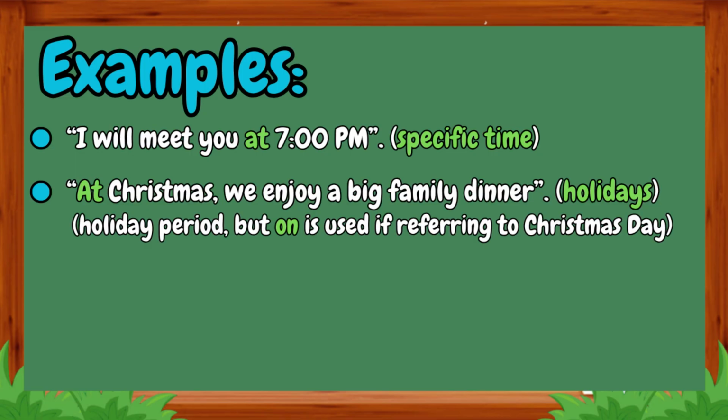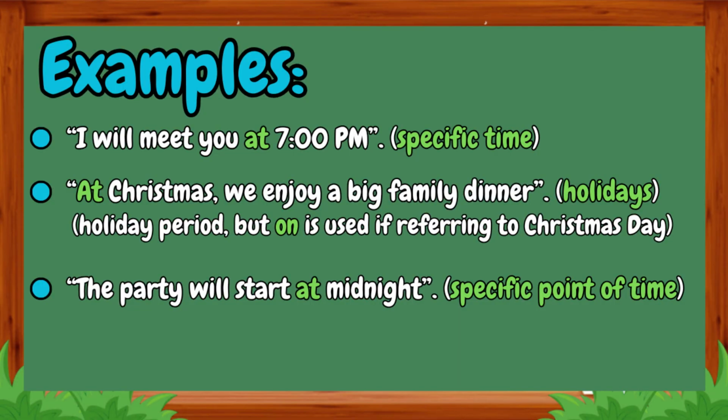It's a holiday, but remember, it's describing the holiday period. On is used if referring to Christmas Day, like we did in the previous example. And then our last example is: the party will start at midnight, a specific point of time. So there you have it. Now you know when to use all three prepositions.